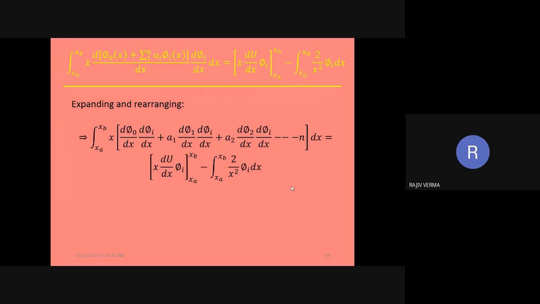The second term contains a1 multiplied by d phi 1 by dx multiplied by d phi I by dx. And the third contains a2 multiplied by d phi 2 by dx multiplied by d phi I by dx till n terms. So this is what you get when you substitute the trial function in the reduced form of the governing equation.